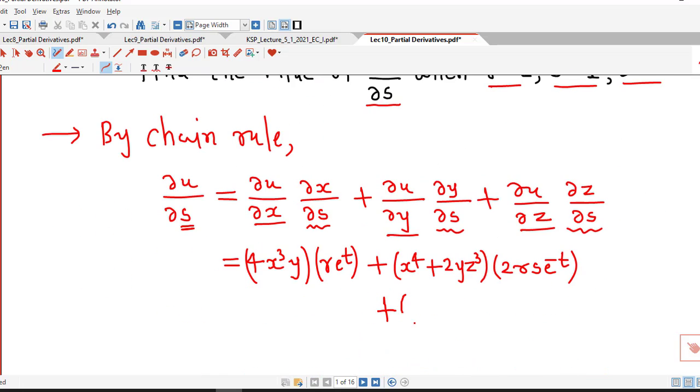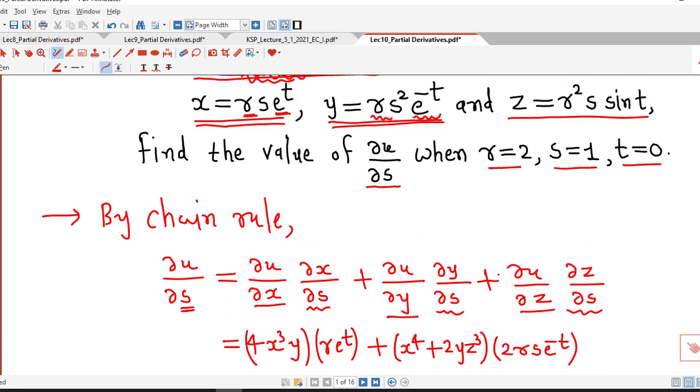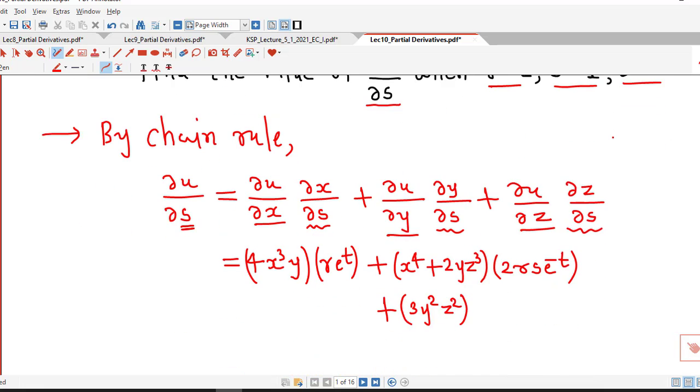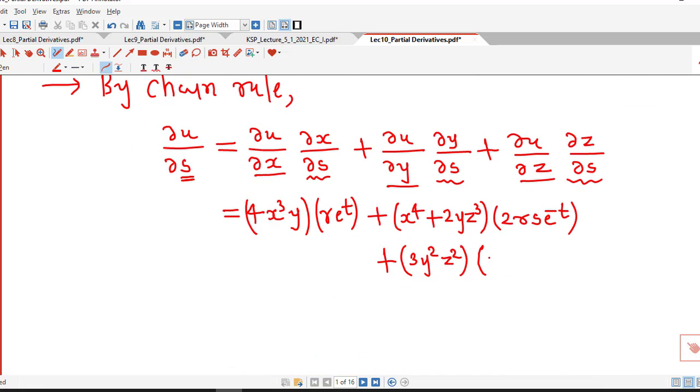So plus 3y square into z square, and derivative of z with respect to s. So in the formula for z, r square is constant, sin t is constant, derivative of s is 1. So r square into sin t. So this is partial derivative of u with respect to s.